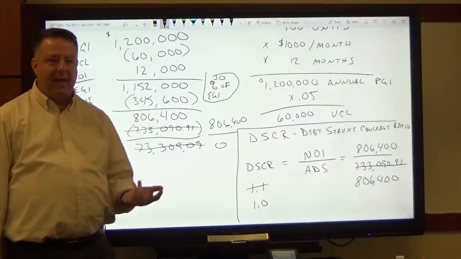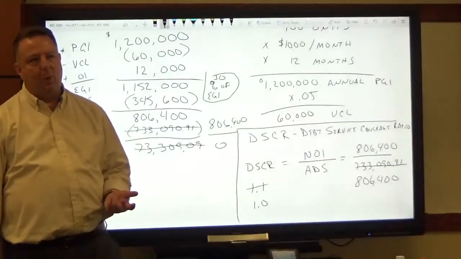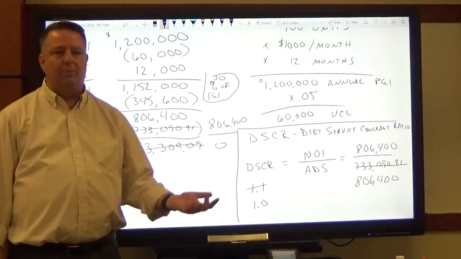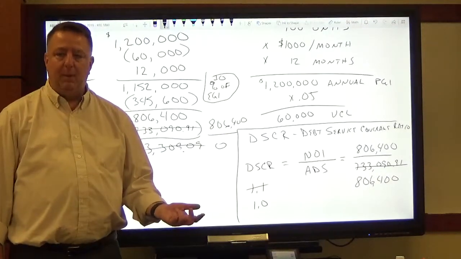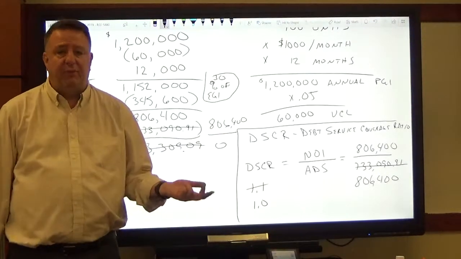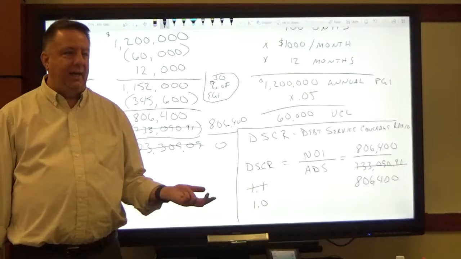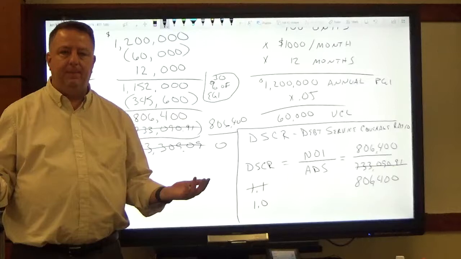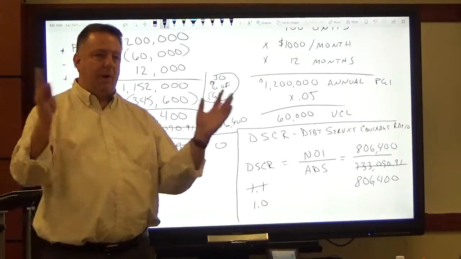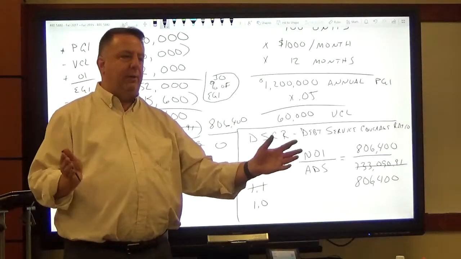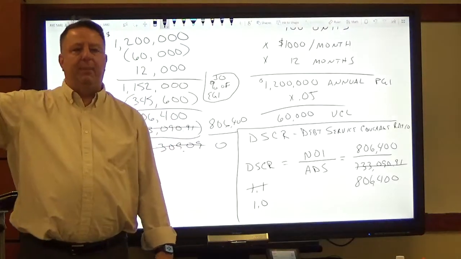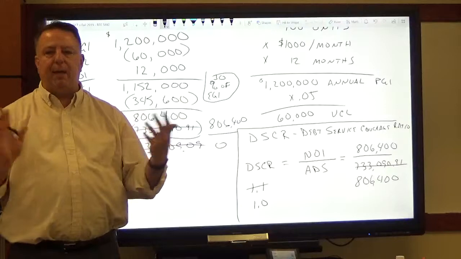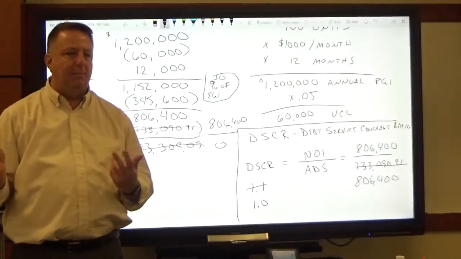Now, reality is probably going to be closer to 1.2, 1.3, 1.4. 1.3, 1.4 is basically saying they want a 30 or 40% cushion because they really believe the market is not as strong as what maybe you're leading them to believe, or there's going to be upheaval in the market, or this particular product type has some real issues and problems with it.